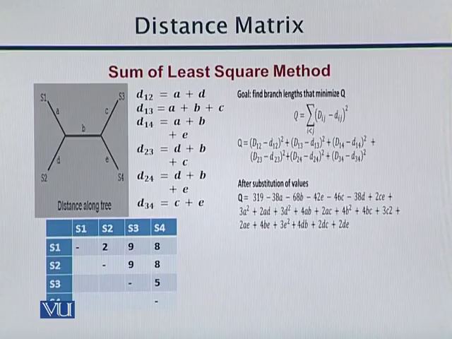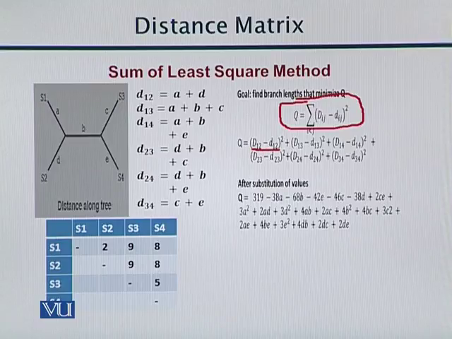So in the next step, we have this Q, which is the sum of our least square distances, and then I put values of D12 minus d12, D13 minus d13, and I am taking the square of this information like this.